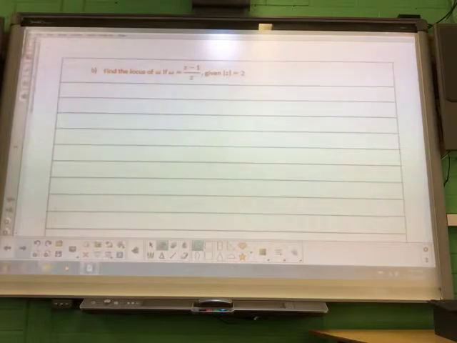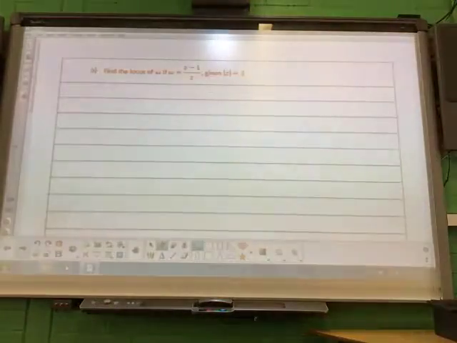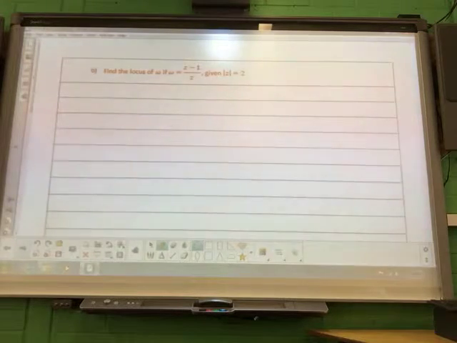Right, find the locus of omega if omega equals z take away 1 over z, given that the modulus of z is equal to 2. The first thing we're going to do is get z the subject of that equation.